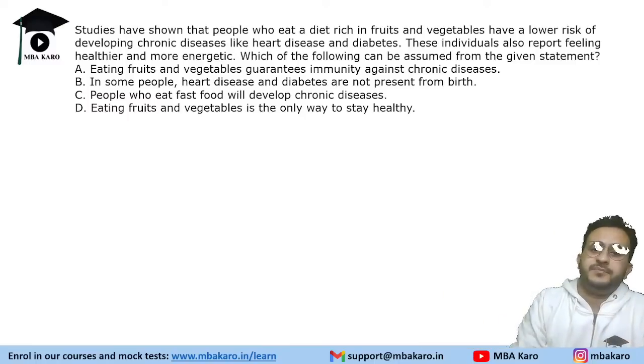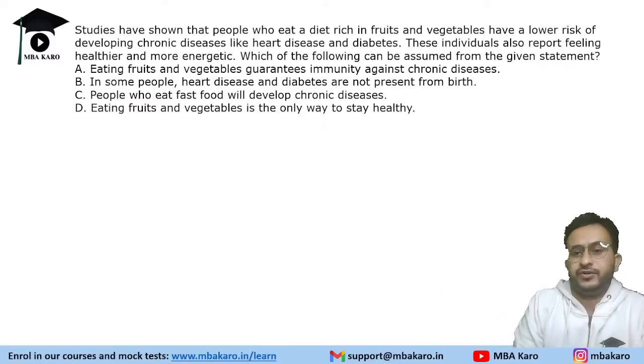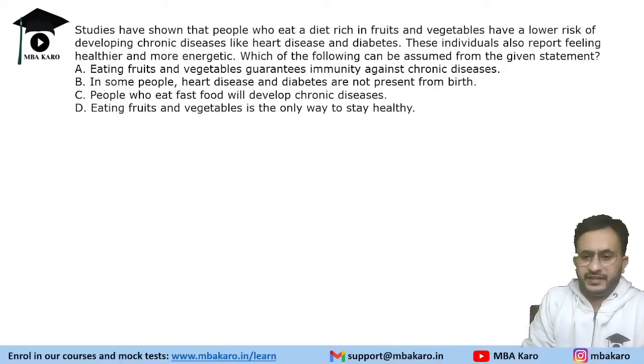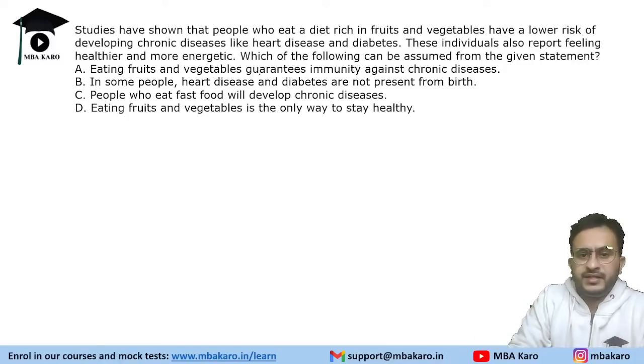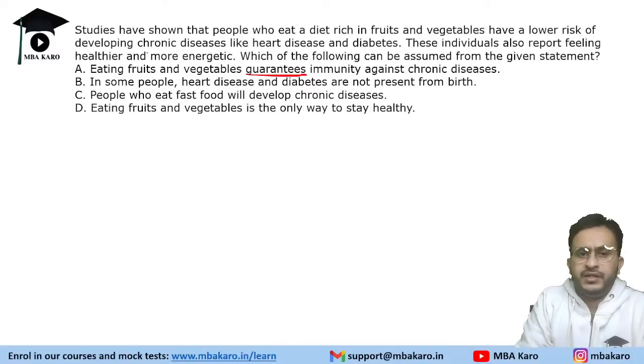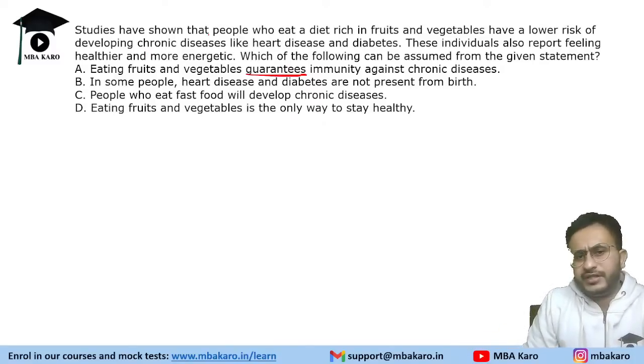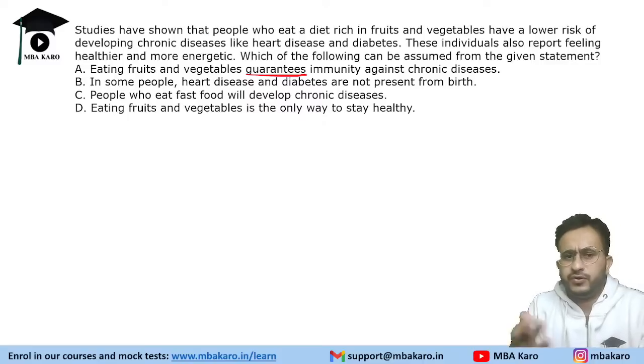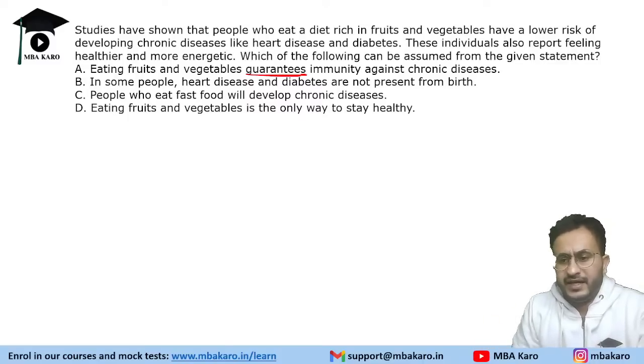Eating fruits and vegetables guarantees immunity against chronic diseases. No, it does not guarantee, right? It is saying they have a lower risk, not guaranteeing. Again, it's an extreme thing. People who eat have a lower risk of developing chronic diseases. These individuals also report feeling healthier and more energetic, so it is not guaranteeing though.